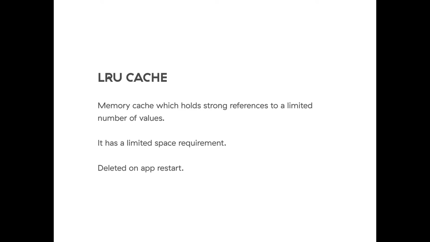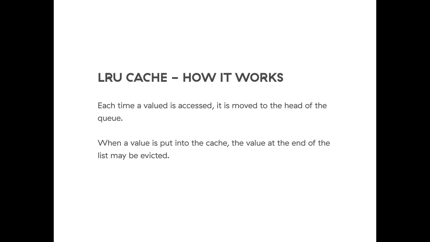What does this actually mean? This means that when you initialize the LRU cache, you have to provide its size, and when you add something to the LRU cache, it's moved to the head of the queue, and when the queue is full, the objects and the data which is stored at the end of the queue is deleted.